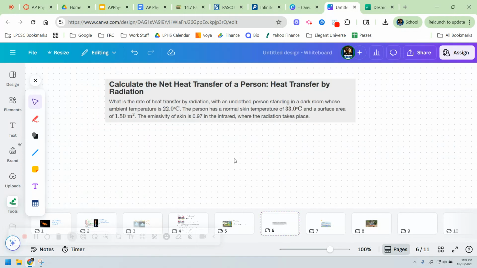So here we're going to calculate the net heat of a person, and this is the heat transfer by radiation.